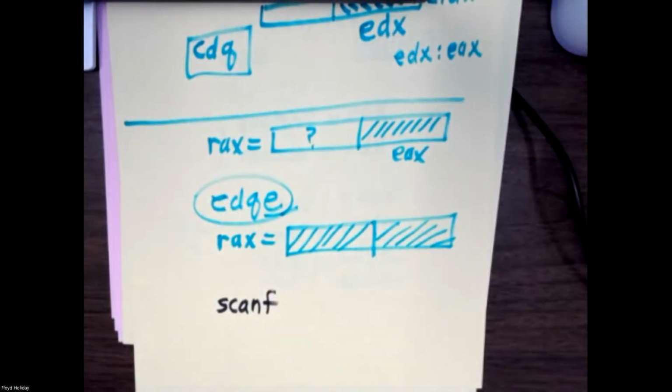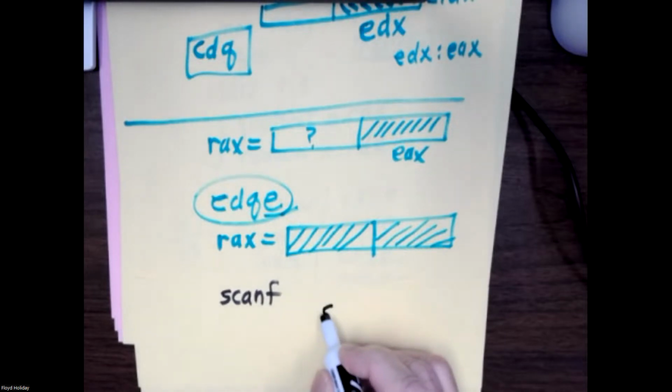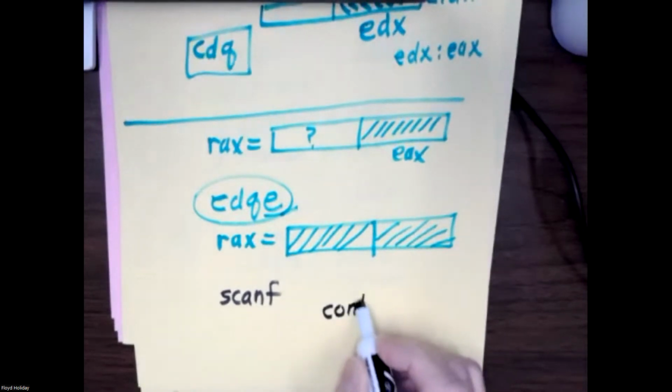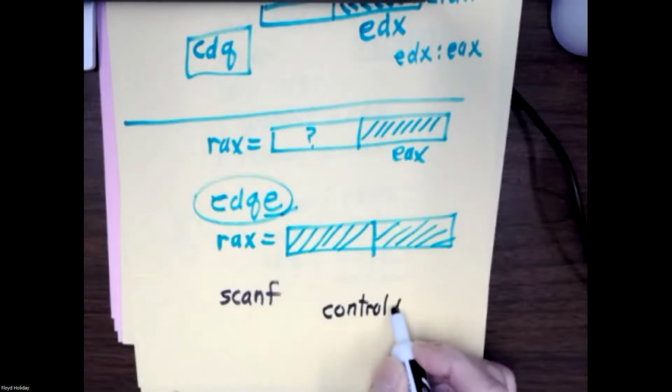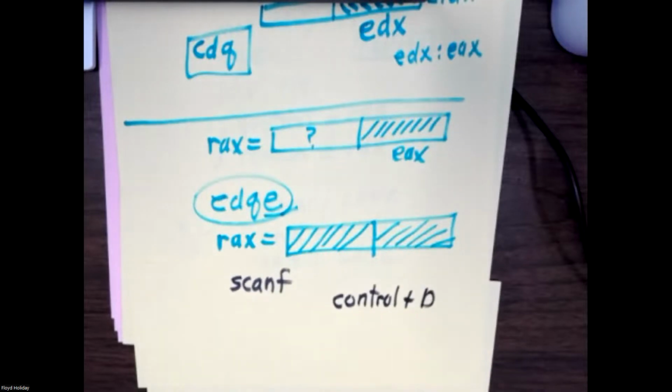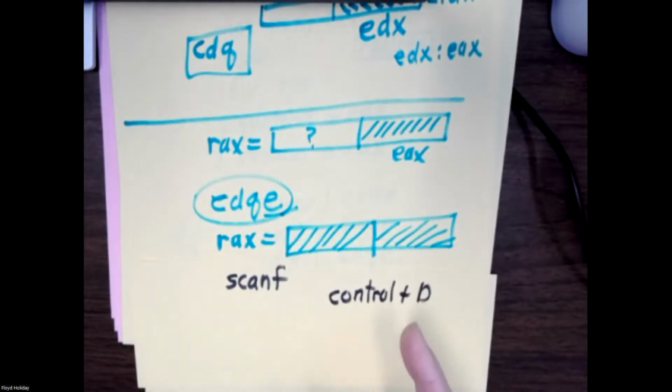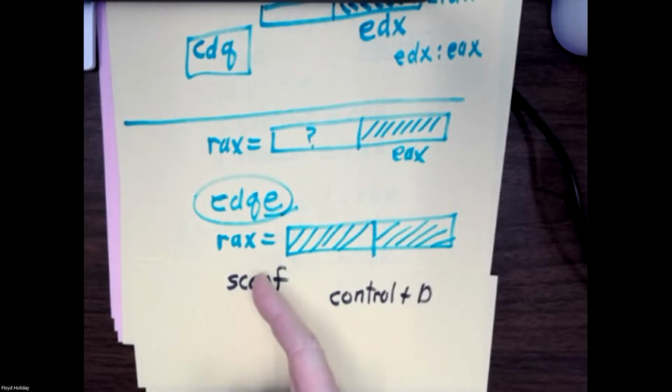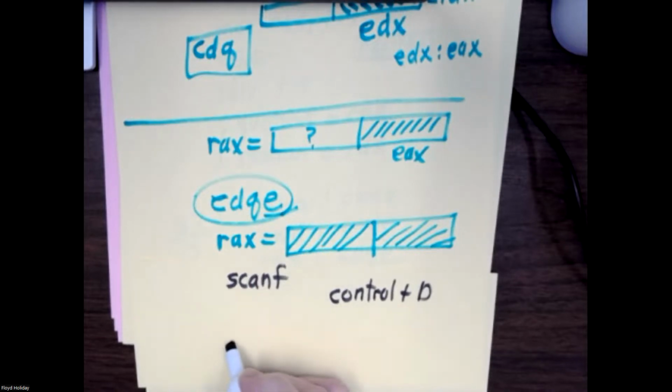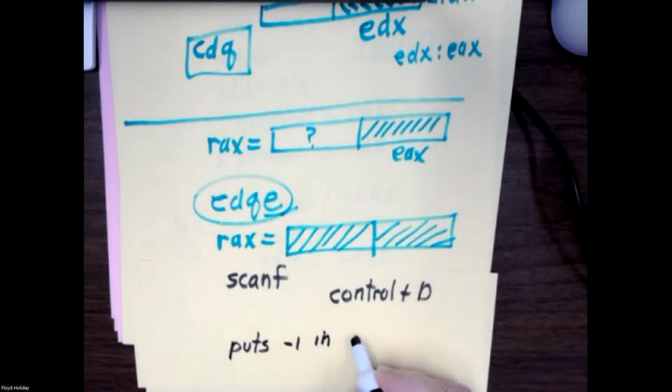And the practice program said, when you're done putting in numbers, press Control D. When you press Control D, scanf puts -1 in EAX, not RAX, EAX.